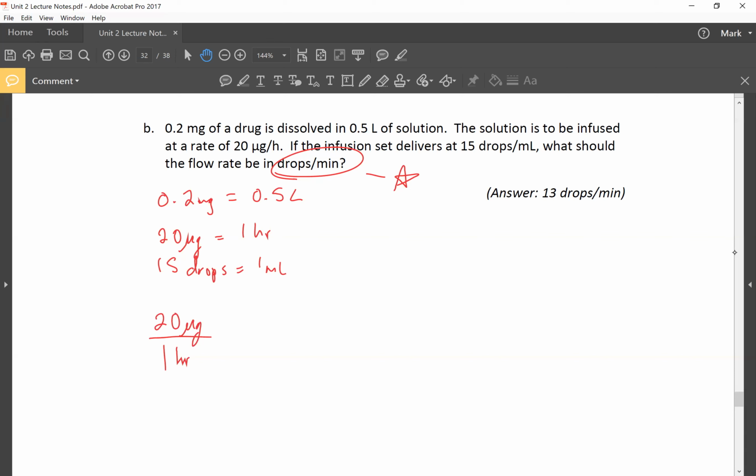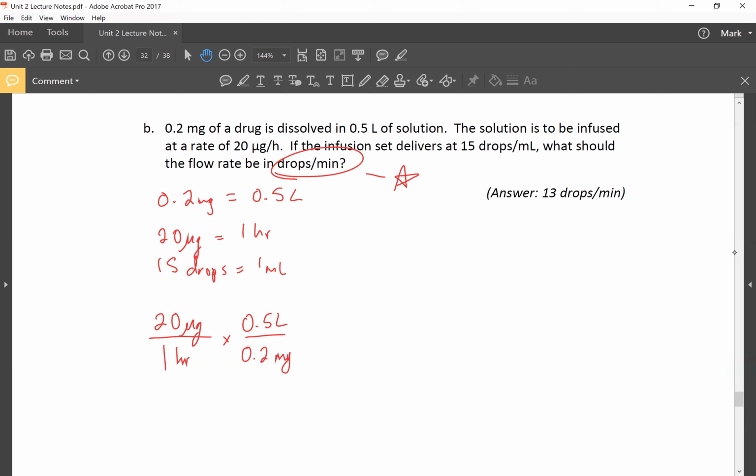How do we get micrograms into drops? Well, let's do it this way first. First things first, I know that 0.5 liters of this solution would be 0.2 milligrams. Now, this doesn't really help me yet because notice nothing is canceling.